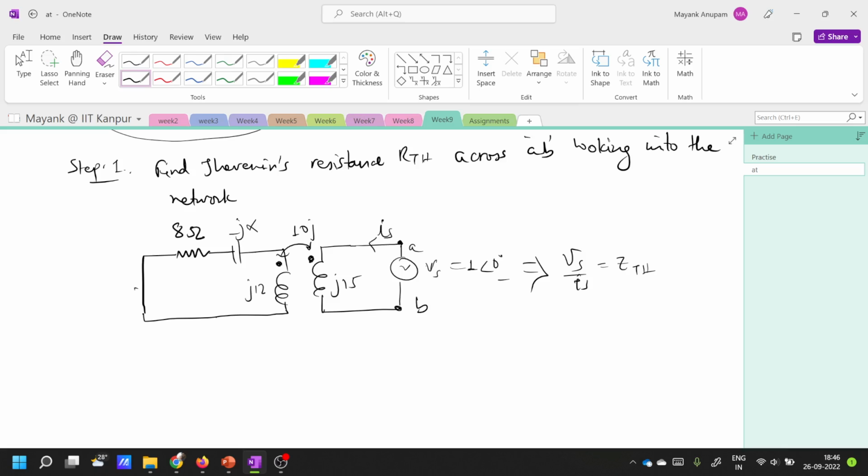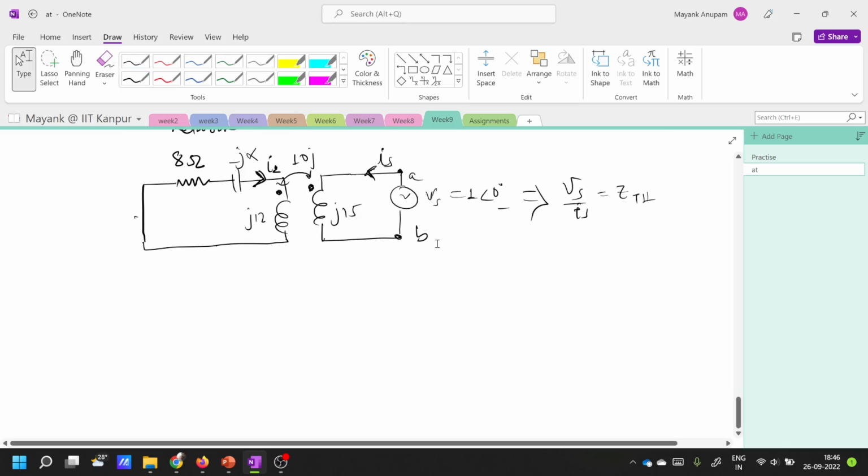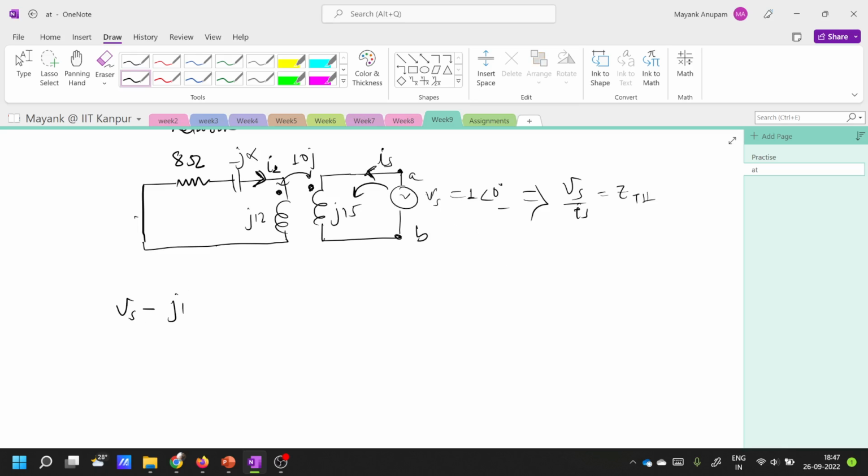So if this is Is here, let's call the current in this direction I2. Now let us write out the equations. First, let's write out KVL in this loop. The KVL in this loop will be Vs minus j15 times Is, then minus the mutual inductance term, 10j times I2.